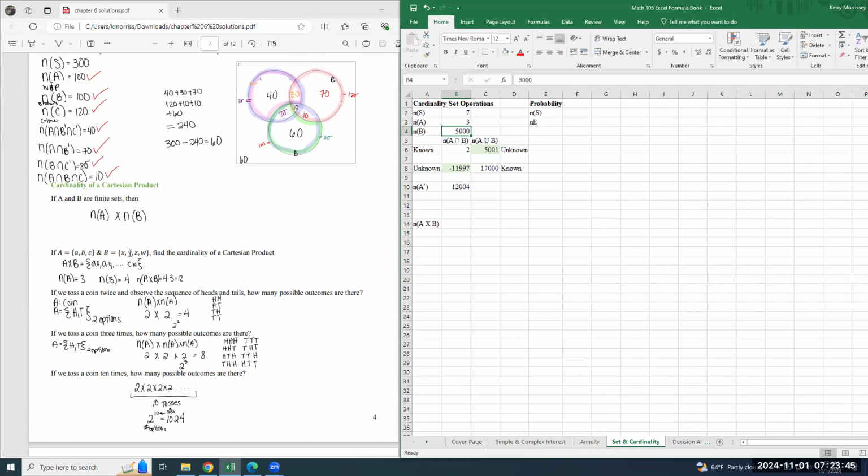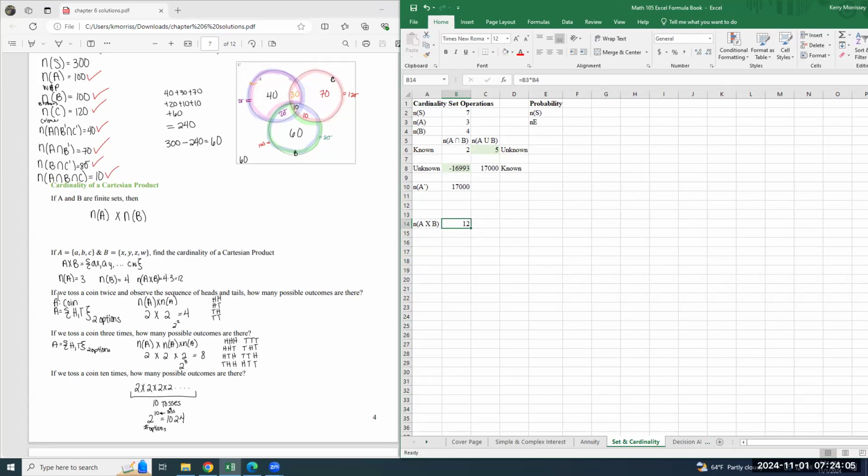B is 1, 2, 3, 4. We don't need any of this. What we're going to be going down to is here, this product. So it's saying we have equals 3 times 4, A times B. Now this will shortcut it for us.